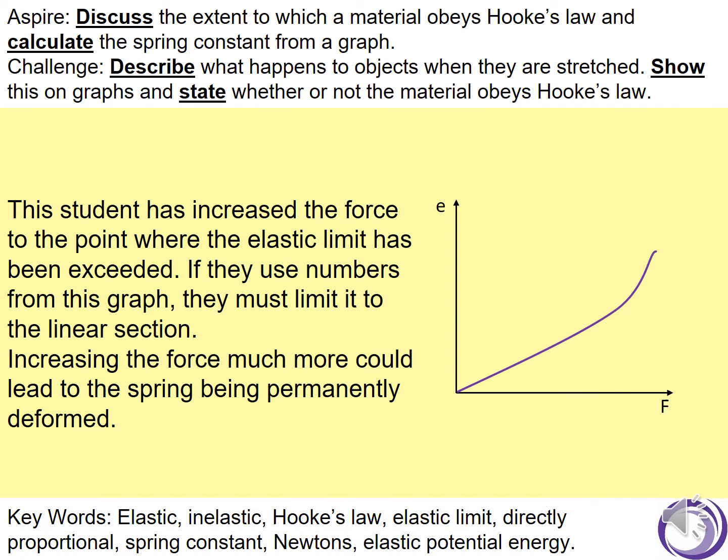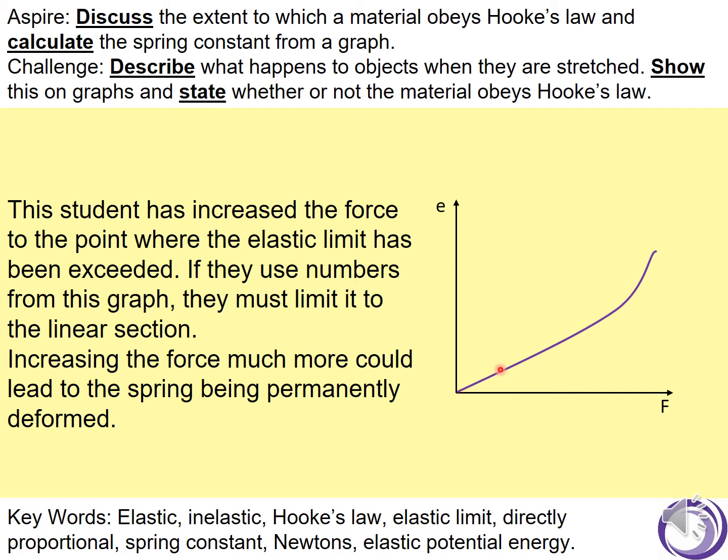The issue with this one is not more complicated. It's just an interesting point that everybody has experienced when they have at some point got hold of an elastic band to flick at somebody and they pulled it so hard that it snapped on them. So this student has increased the force to the point where the elastic limit has been exceeded.